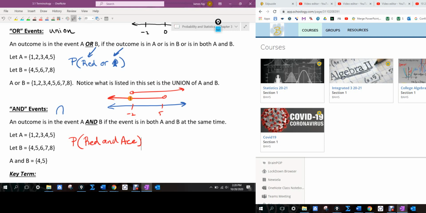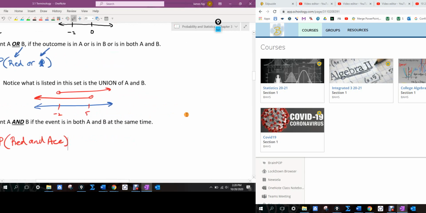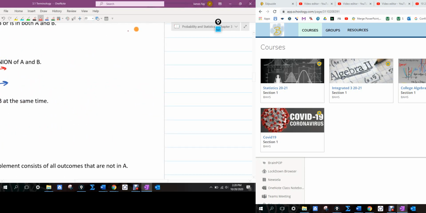And that makes a probability a little bit more difficult to determine. With cards, one of the common questions we ask is, what is the probability that we get an ace or a red card? Can those happen at the same time? Yes. So those are not mutually exclusive.